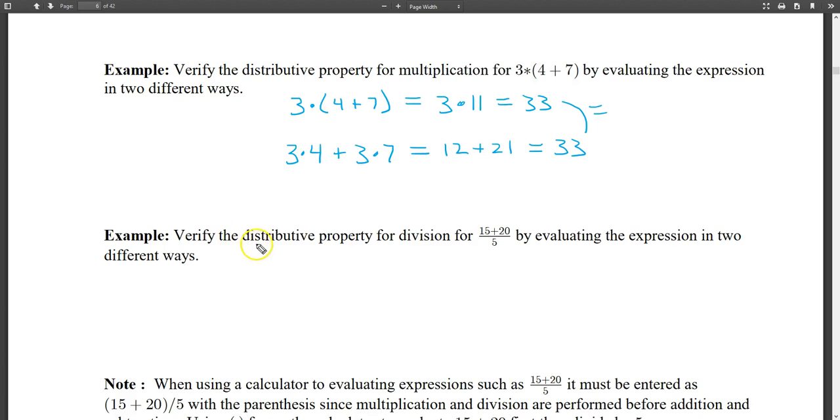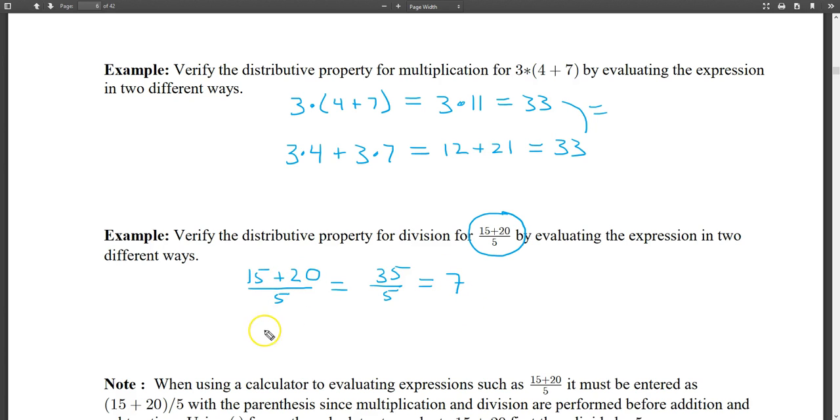So that verifies the distributive property for multiplication in this case. Let's take a look at this one. Let's verify the distributive property for division for this quantity by doing the same thing. So if we evaluate this, we'll add the 2 numbers in the numerator first, and we get 35, and that is 7.